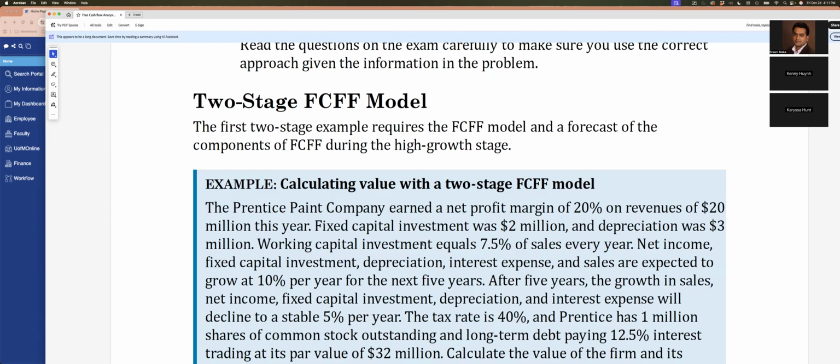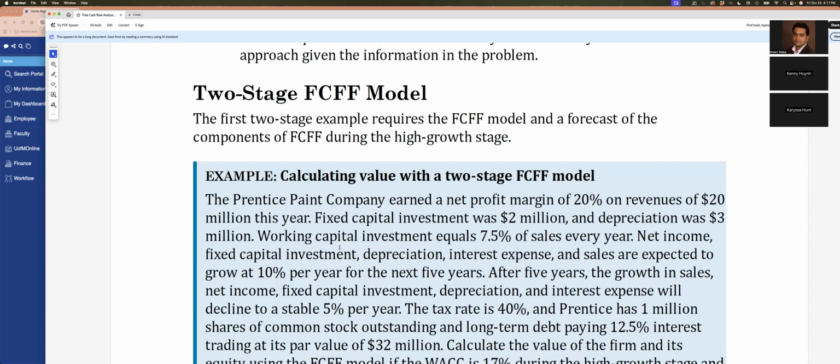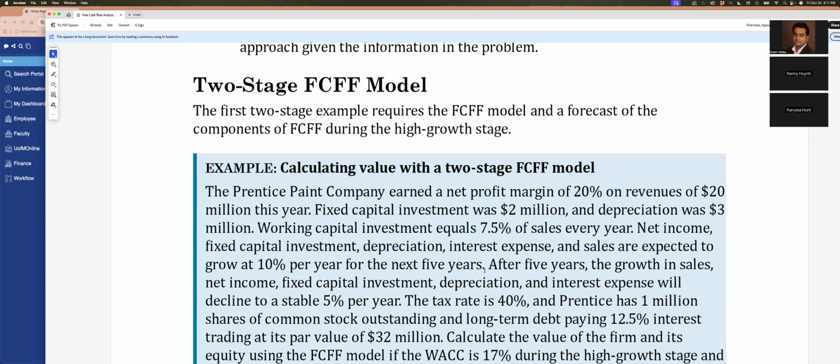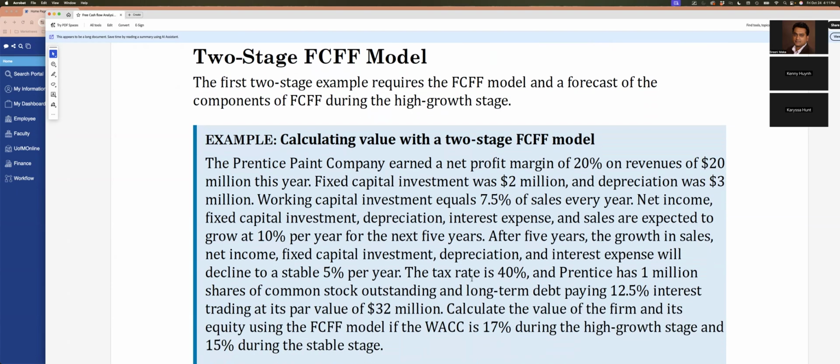Working capital investment 7.5%, net income and sales are expected to grow 5 years. Where is the interest rate? Oh, long-term debt is 12.5% interest on 32 million, right?